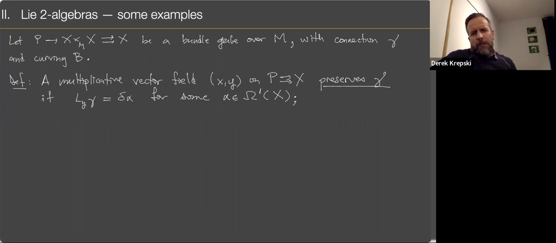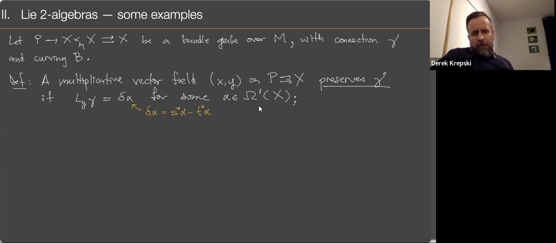Here, it turns out to be a little too restrictive to ask the vector field y to preserve gamma, the connection, on the nose, but rather we want it to be delta exact, where delta is this simplicial differential, just source pullback minus target pullback.